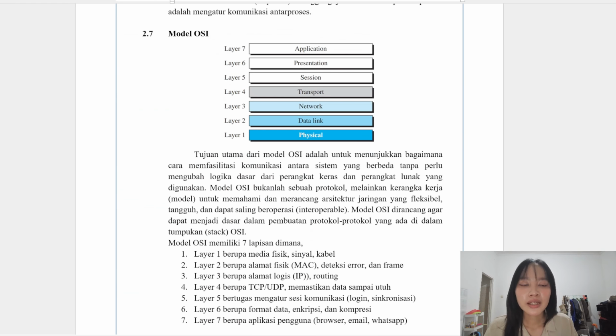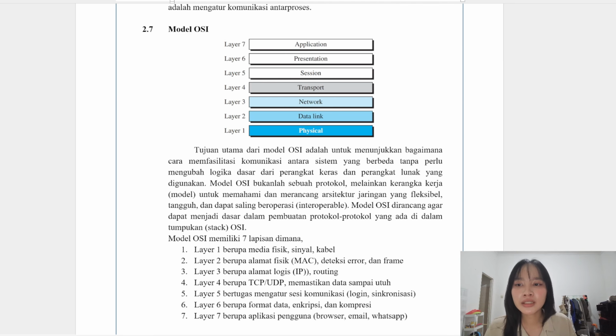And also, there is a model named OSI. The main purpose of the OSI model is to show how to facilitate communication between different systems without needing to change the underlying hardware and software. And this model has 7 layers.